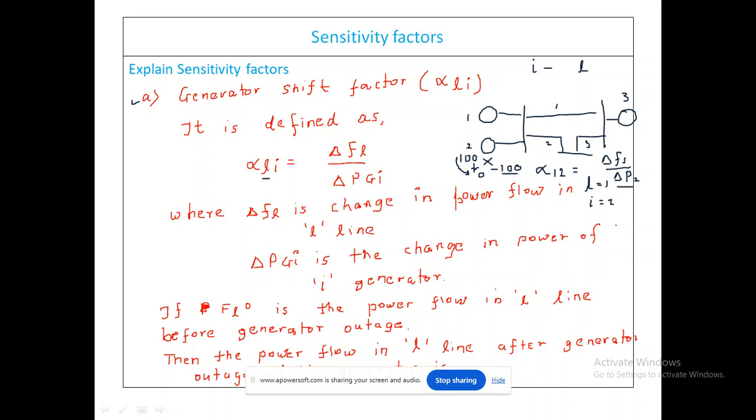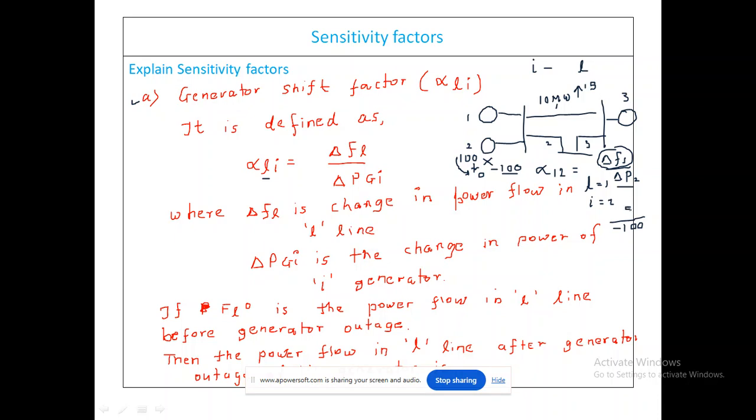So delta Pg2 is minus 100, and delta F1 is the change in line number 1. Suppose 10 megawatt was flowing, and because of this outage the power increases to, say, 15 megawatt. Now there is a change of 5 megawatt.